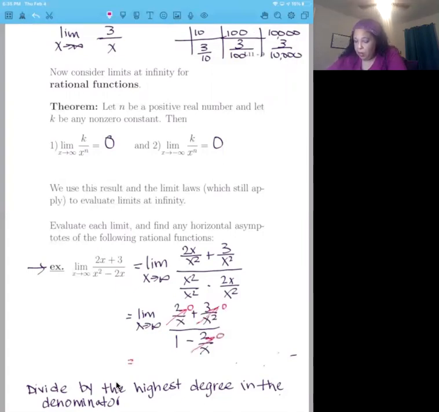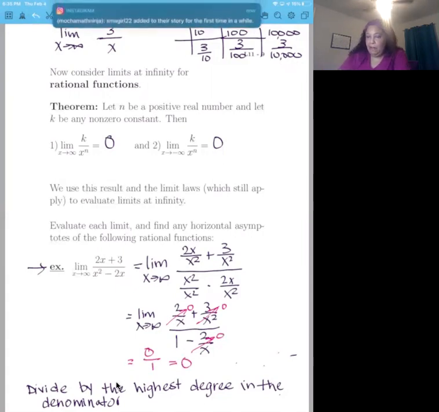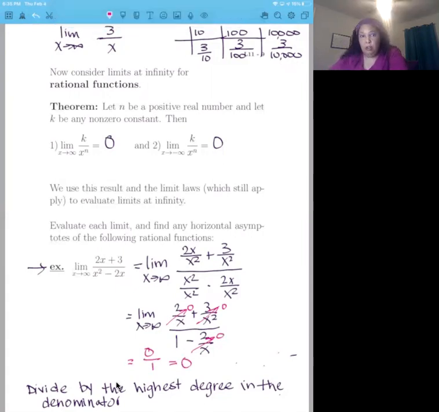So in the numerator, I get 0. In the denominator, I get 1. So the limit equals 0. All right, that means I have a horizontal asymptote at y equals 0. And if you think back to when we talked about asymptotes before, we said if the degree of the numerator was smaller than the degree of the denominator, then y equals 0 is the horizontal asymptote.